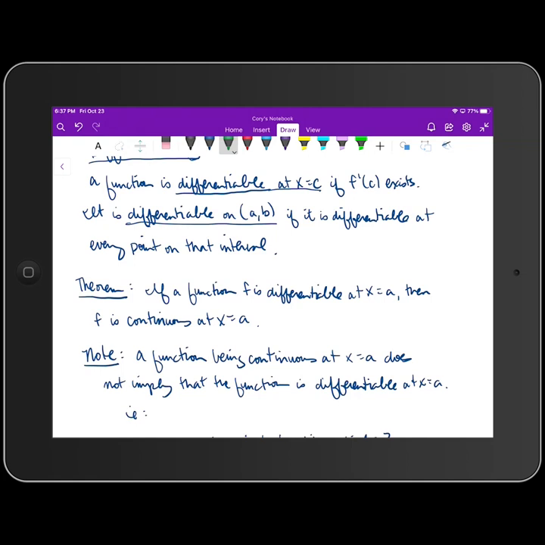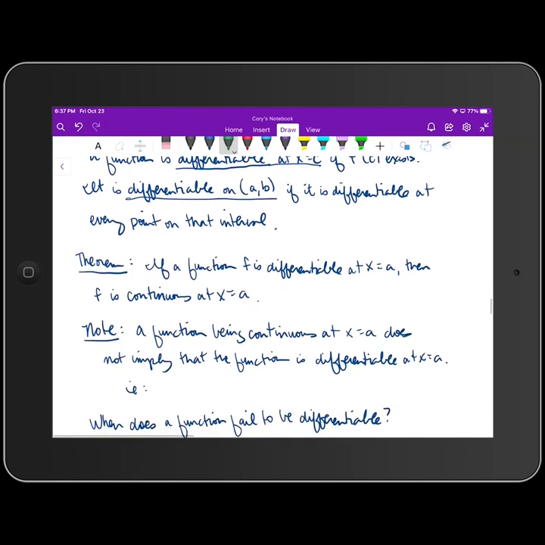Okay, so again, a function being continuous at x is equal to a does not imply that the function is differentiable at that point. And I'm going to use a function to illustrate this. The function that I'm going to use is f of x is equal to the absolute value of x.